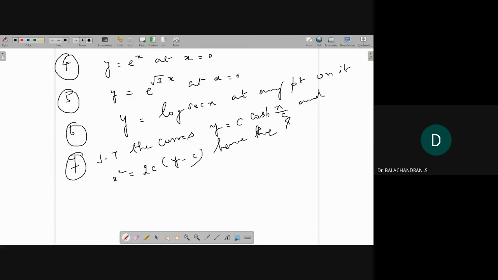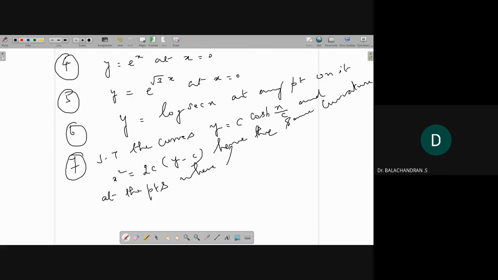Not radius of curvature, same curvature. If they have the same curvature, automatically they have the same radius of curvature. They have the same curvature at the points where they cross the y-axis.